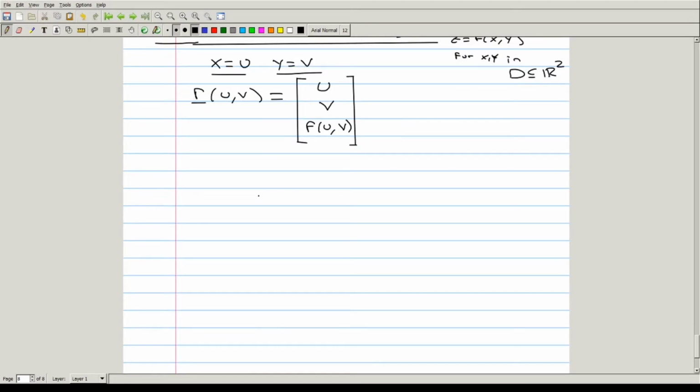Now, first things first, we need to calculate the normal vector for the surface integral here. So we're going to need the partial derivative of r with respect to u, which is going to be 1, 0, and the partial derivative of f with respect to u. And then the partial derivative of r with respect to v.